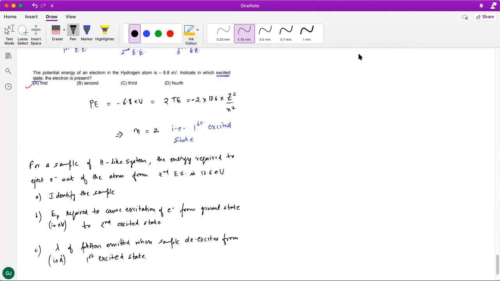Okay, so I think you have started working on getting the answers. Let me share the answers with you, and then maybe we can discuss them in the next class. So the sample will be Li2+. When you do the calculations, you will find Z equal to 3. Then the answer for the second option will be around 108.8 eV.